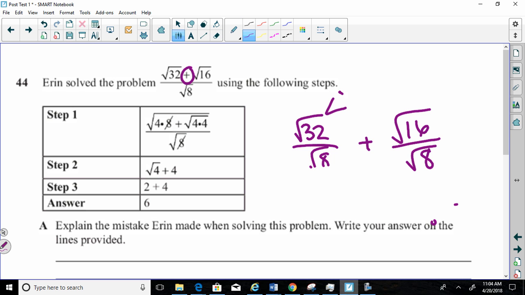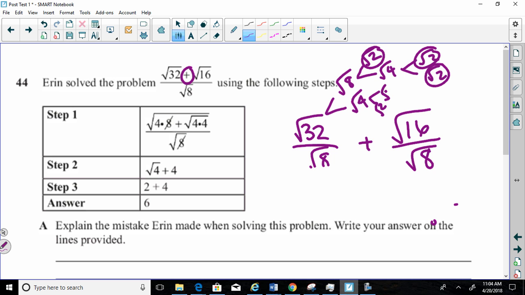So what multiplies to 32? 8 and 4. What multiplies to 8? 2 and 4. What multiplies to 4? 2 and 2. And this 4 is 2 and 2. And so you end up getting, these two are going to prom, so 2 times 2.